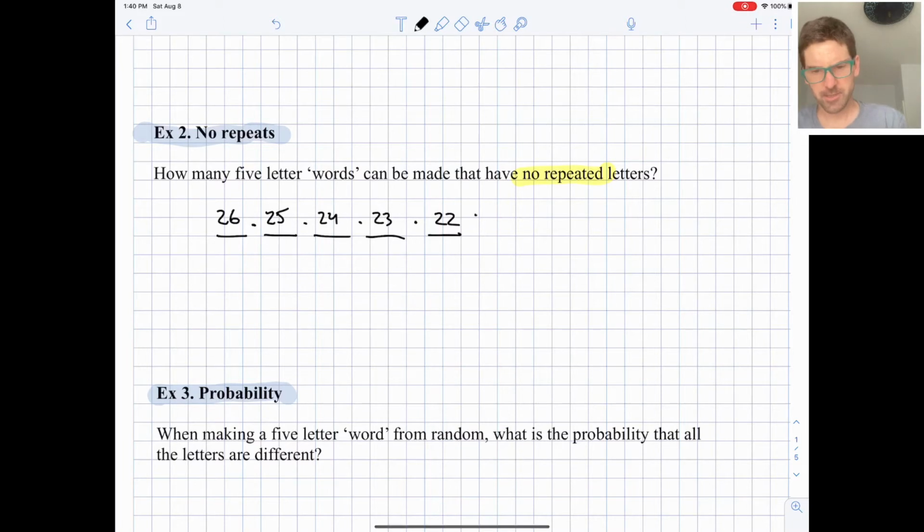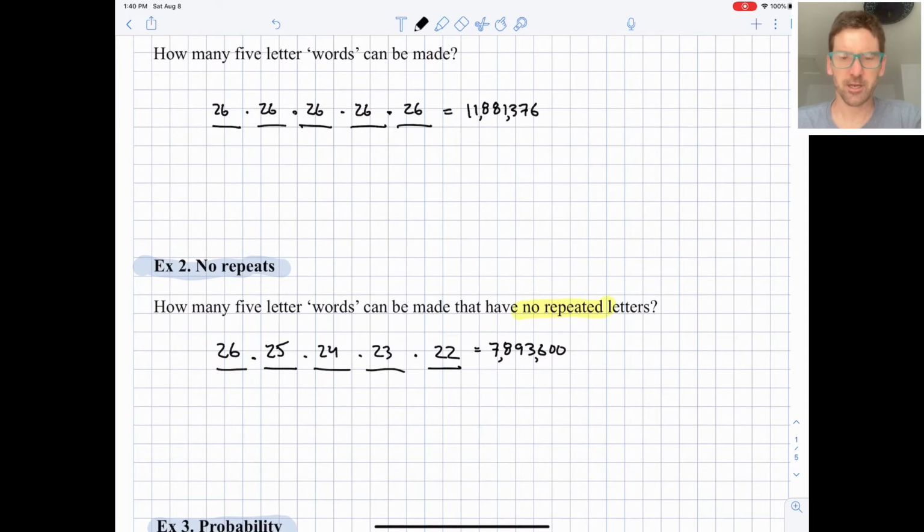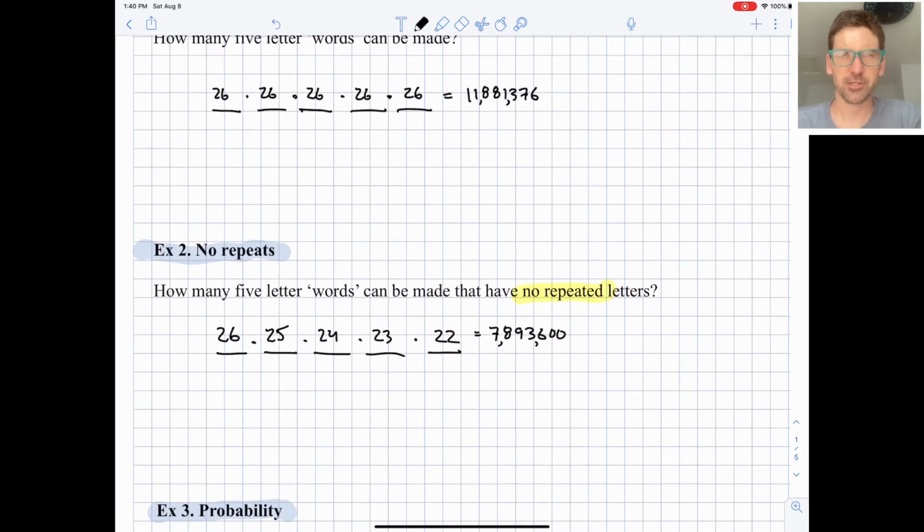So that's going to be 7,893,600, so a little less than 8 million. Comparing with what we did earlier, we lost about 4 million possibilities once we added on the restriction of no repeated letters.